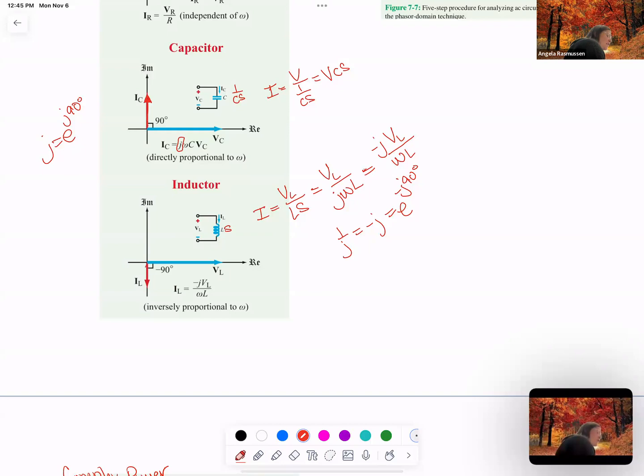So your current goes down and your voltage is still in the real direction. So now you can see how this is shifting by component only. It's shifting your current based on your input by 90 degrees for a capacitor, by minus 90 degrees for an inductor.